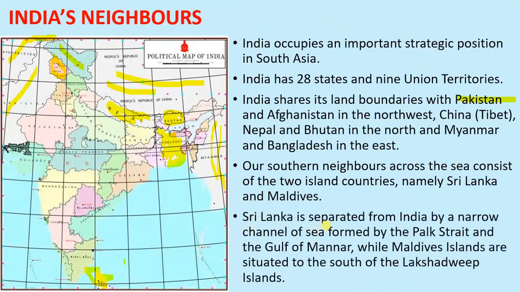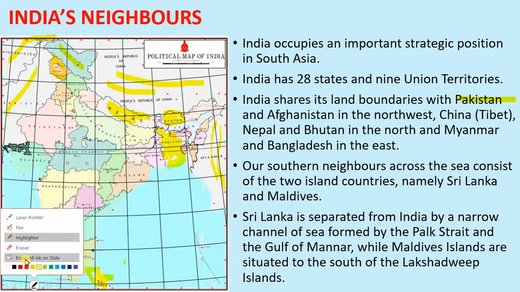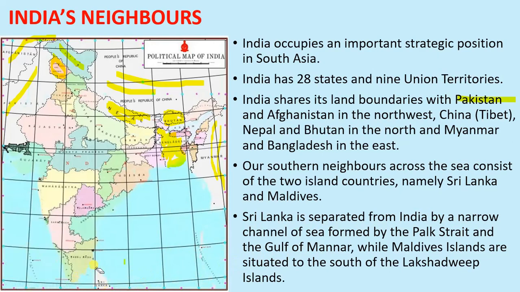Sri Lanka is separated from India by a narrow channel. India and Sri Lanka are joined by a narrow line of underwater mountain region, connected by a shallow water region, and separated by the Palk Strait and Gulf of Mannar.